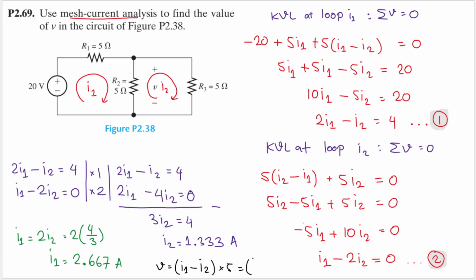I1 is 8 over 3, and then I2 is 4 over 3, and all of that multiplied by 5. So I will have 4 over 3 multiplied by 5. That will be 20 over 3. But then 20 over 3 is, what is it? 6.667. And the unit here will be volt, and that is the final answer for this problem.